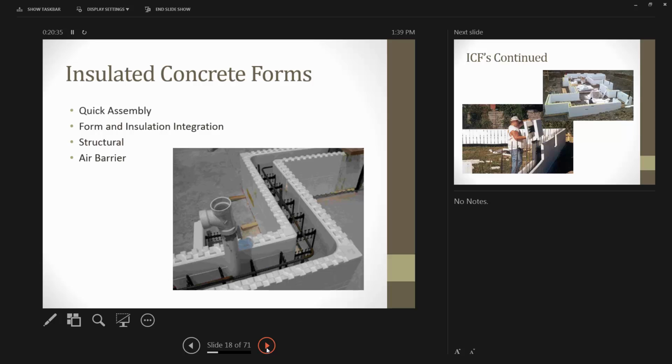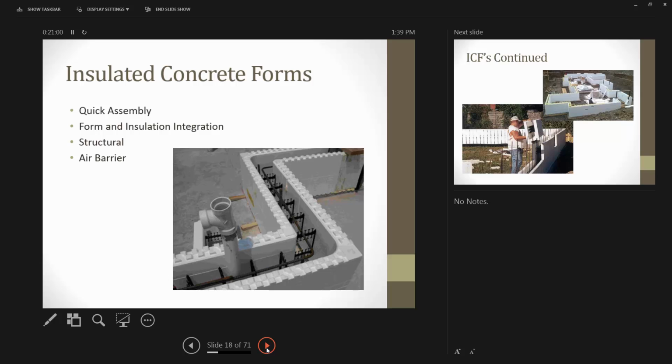Moving on, this is a wall system, insulated concrete forms, that are used primarily for basement systems, but they're also used for above grade walls. One of the challenges with concrete is that it's in direct contact with the ground, so it's always conducting, always losing heat.